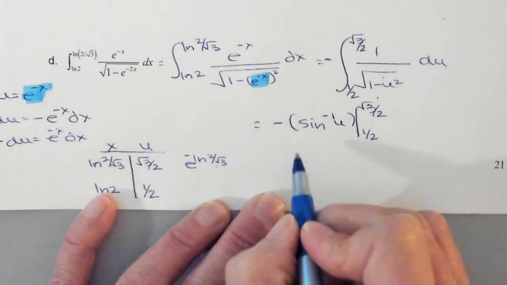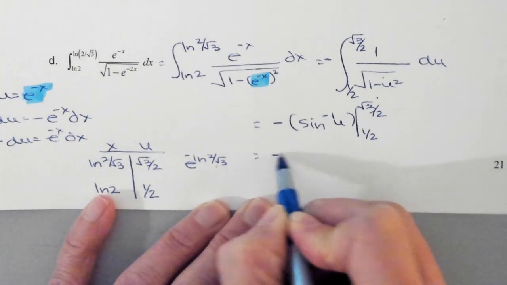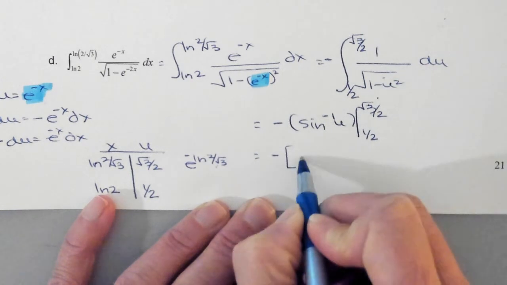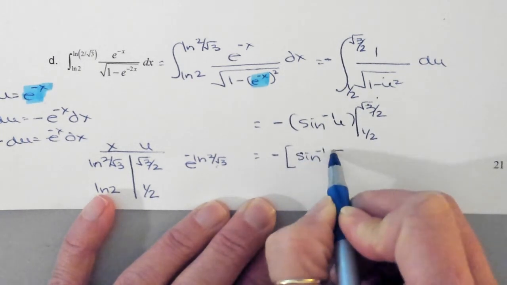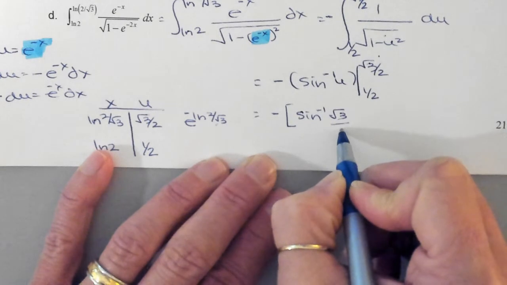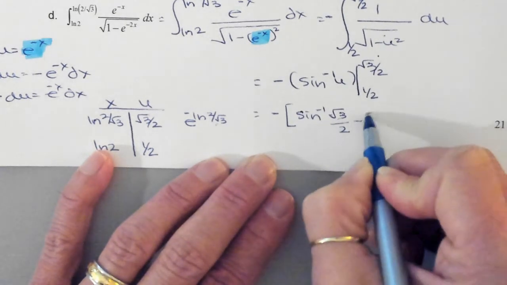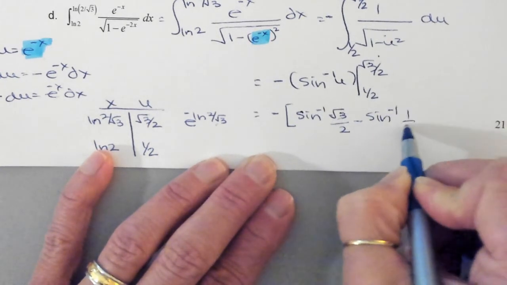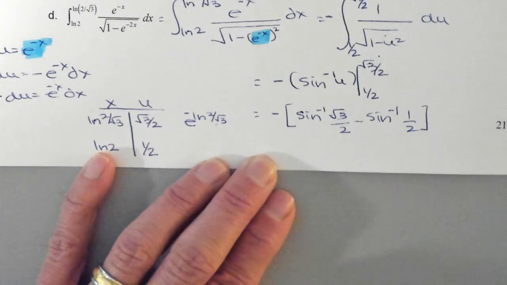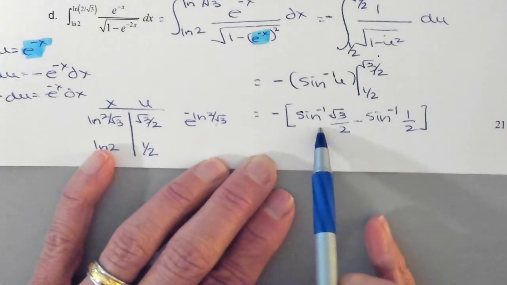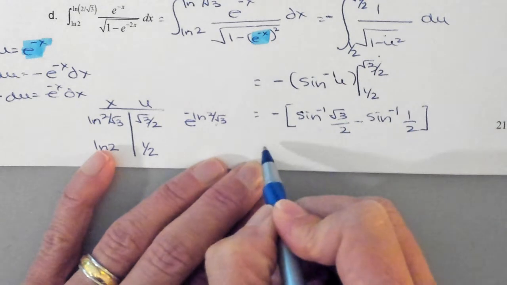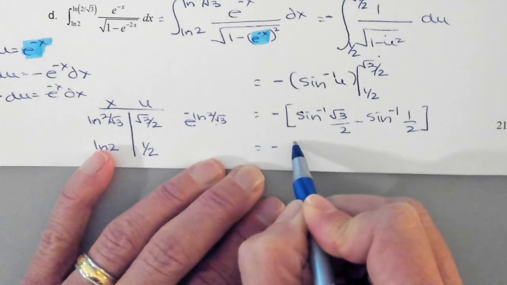Okay. So now I'm just going to write it out so you can see it. I'm going to leave the negative on the outside. So it's inverse sine of the square root of 3 over 2 minus the inverse sine of 1/2. So what angle do I take the sine of to get the square root of 3 over 2?